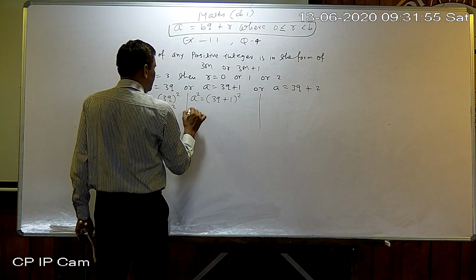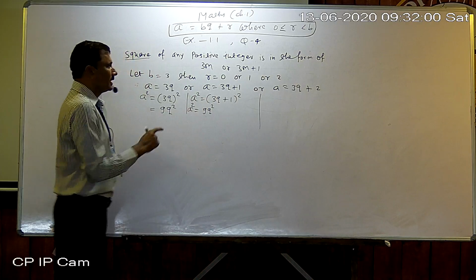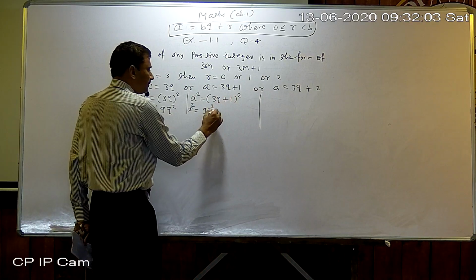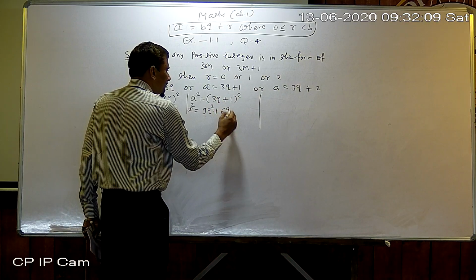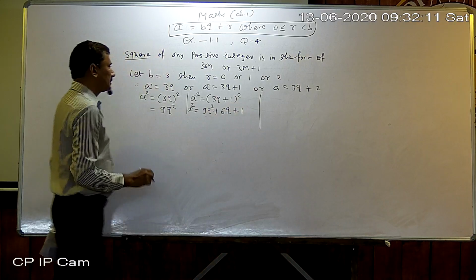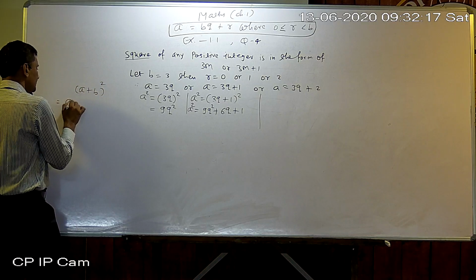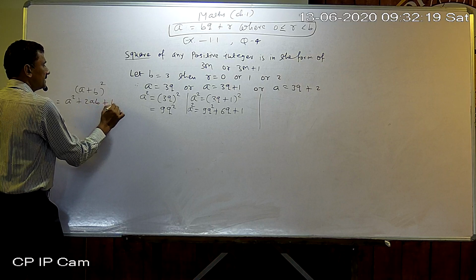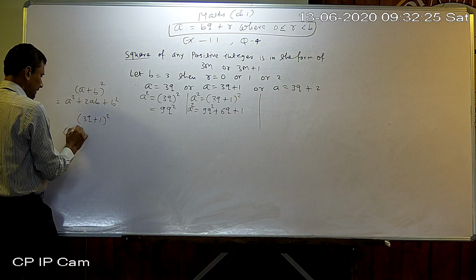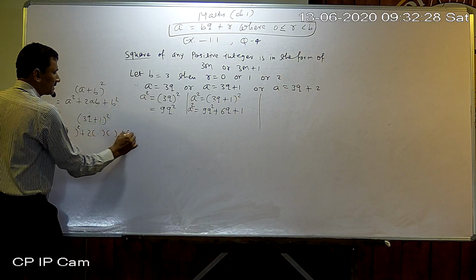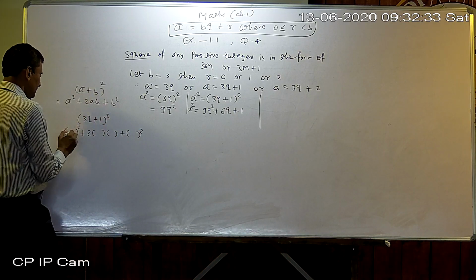So write down a square equal to first term square, 9q square, plus 2ab, the multiplication of this and this, so plus 6q, plus b square. Actually it was 3q plus 1 whole square, so write a square plus 2ab plus b square. But what is really a and b? a is 3q, b is 1. So whenever a is there, write down 3q.